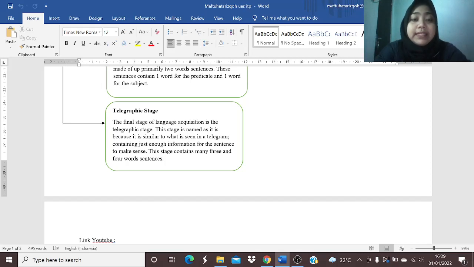This stage contains many three- and four-word sentences. Sometimes during this stage, the child begins to see the links between words and objects, and therefore overgeneralization comes in. Some examples of sentences in the telegraphic stage are "mommy eat carrot," "what her name?" and "he is playing ball."